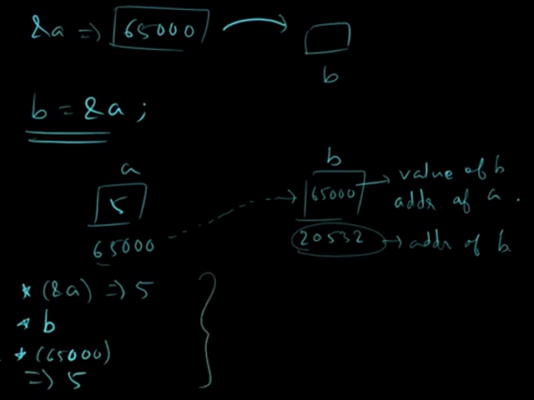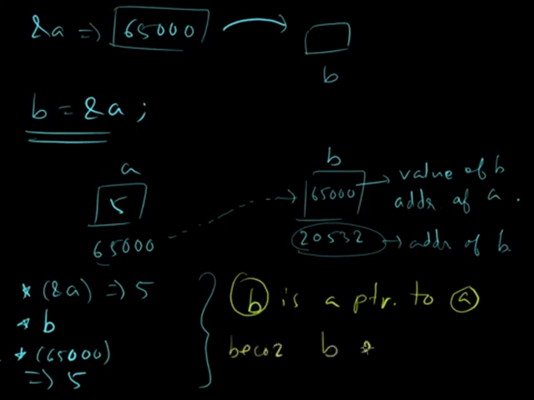Now what I have shown you is actually a pointer. B is a pointer to A. Right? Why is B a pointer to A?